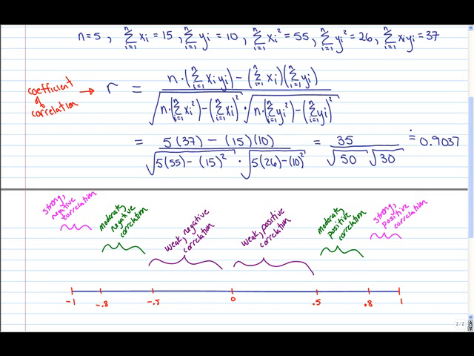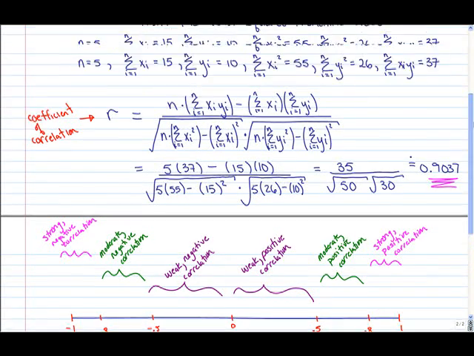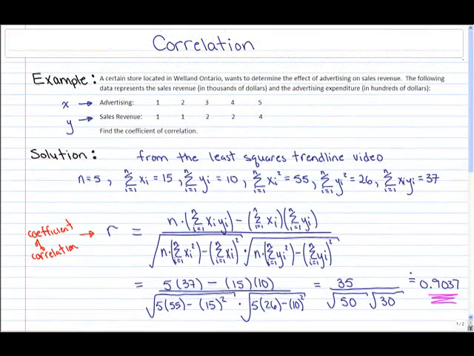The same goes on the negative side. Now for our value of R, we have a 0.9037 value, which suggests that we have a strong positive correlation between the two variables of advertising expenditure and sales revenue.